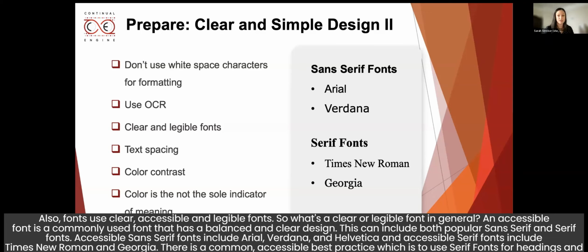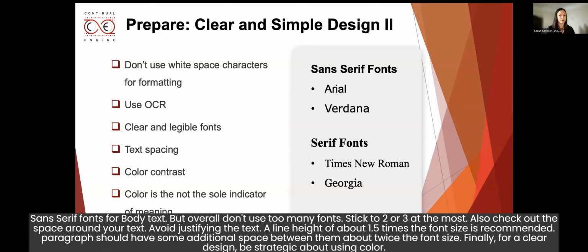And accessible serif fonts include Times New Roman and Georgia. There is a common accessible best practice, which is to use serif fonts for headings and sans serif fonts for body text. But overall, don't use too many fonts. Stick to 2 or 3 at the most.